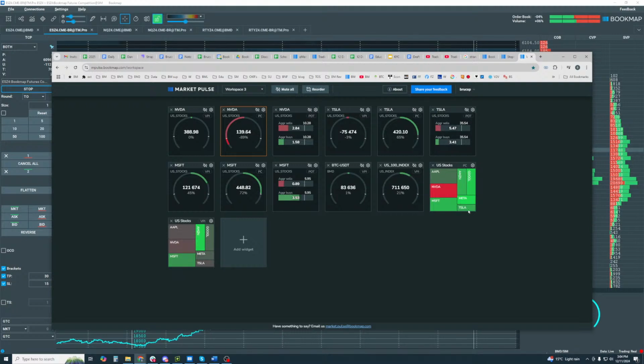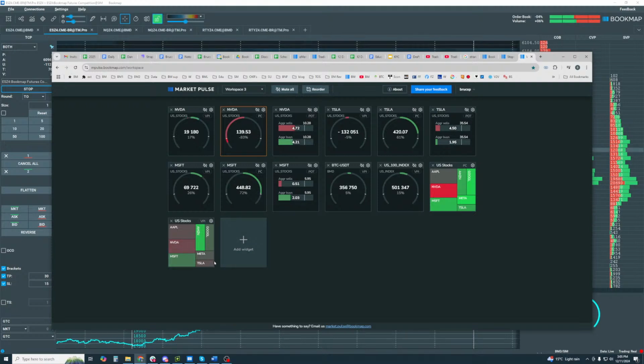Apple, mildly so, and Tesla, kind of mildly green as well. That's for the price change. If you hover over here, you can see all the details. Now, our volume pressure imbalance for these is showing a different picture. Only Amazon right now is pretty bullish. The rest are pretty bearish.